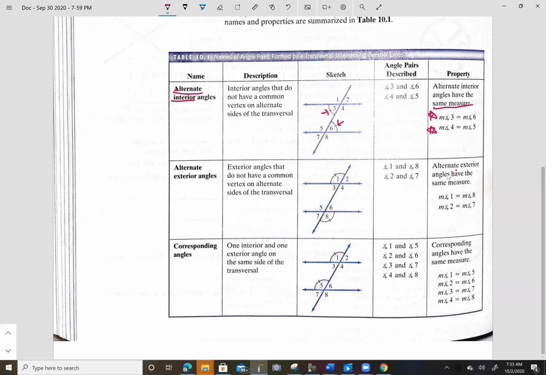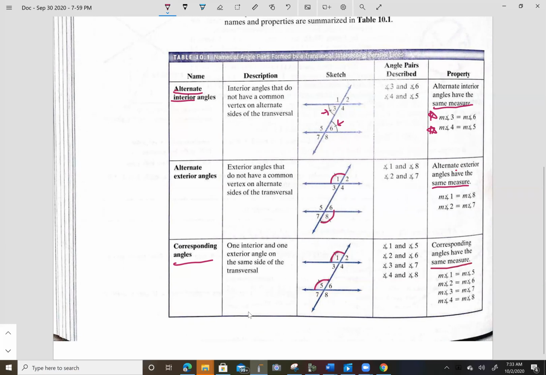Alternate exterior angles also have the same measure, so they are on opposite sides of the transversal, but this time they are outside of those parallel lines. Corresponding angles is exactly what I was talking about before. They are in the exact same place, but just on those different parallel lines, and they also have the same measure.